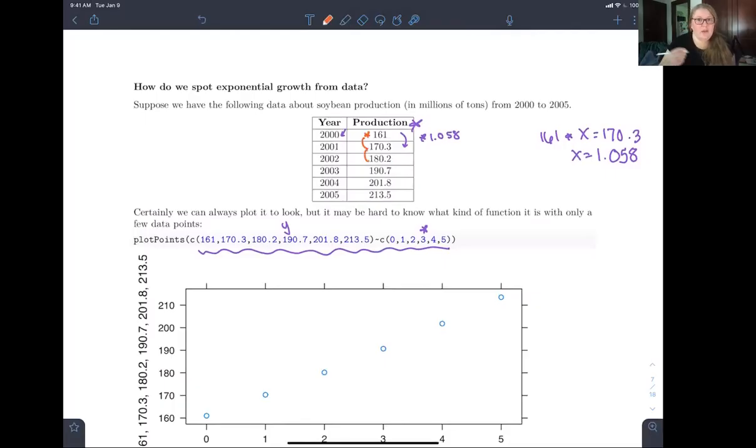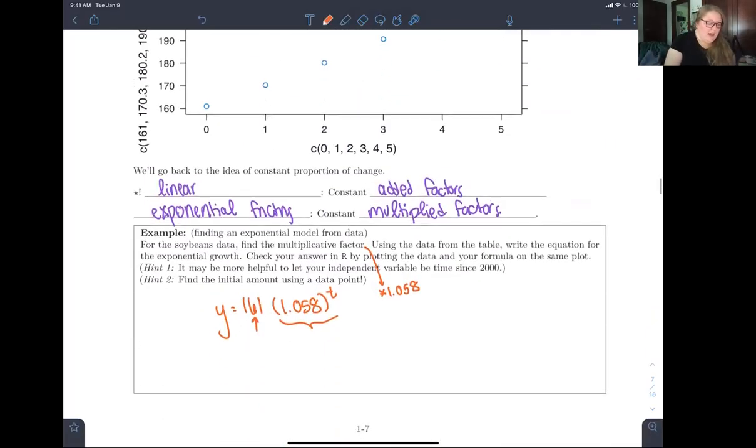And then the next one would be 3 times, which is exactly what t is doing here, right? It says, okay, how many times should I multiply by 1.058? Is it 1 time? Is it 2 times? So we should do it squared. 3 times? That would be when t equals 3, and so on and so forth. So that's the way that this happens. Once you actually have an initial data point and that constant multiplied factor, these come together very quickly, a lot like lines. So in terms of checking your answer in R, we will do that when we get back together on Monday.